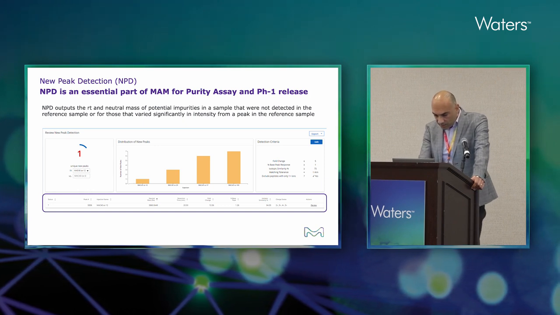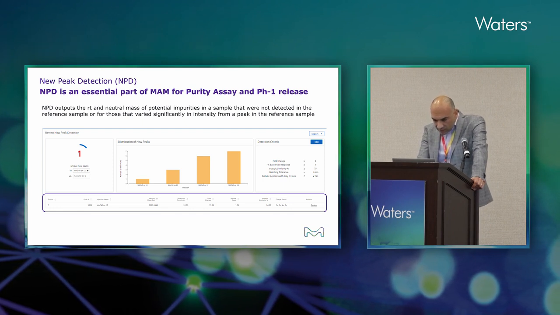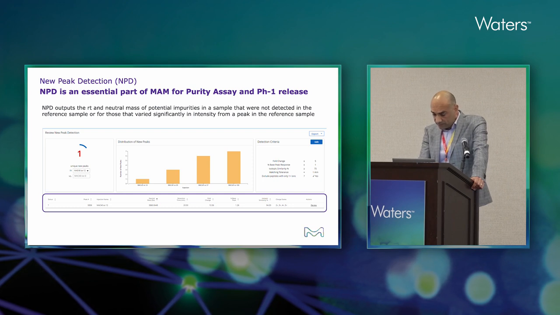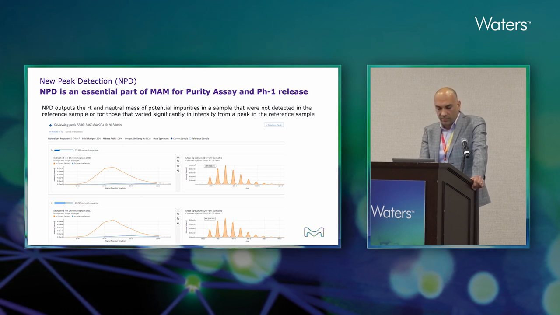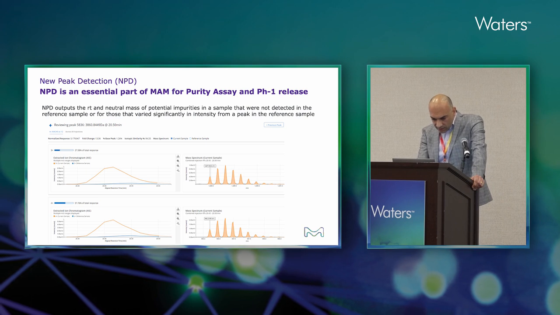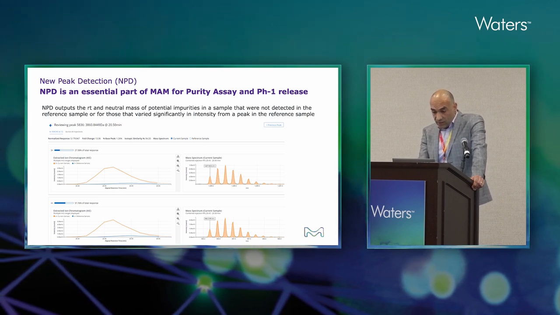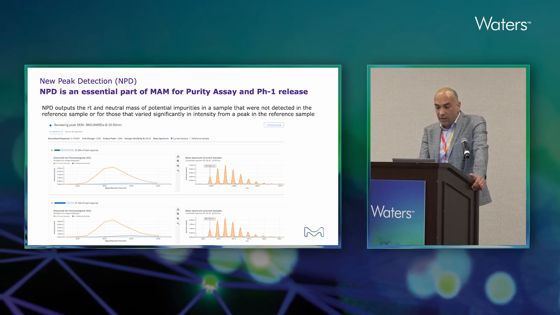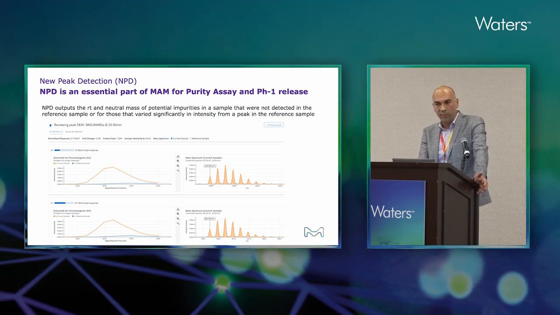In this case, you can always get the deconvoluted mass, retention time, charge state, and even the fold change. By clicking on the line, the software outputs the ion chromatogram. You see in orange the unknown sample, where it's pretty high. We also see that it was present in the reference but was extremely low. So at this point, you can confirm in the software that it is a new peak.